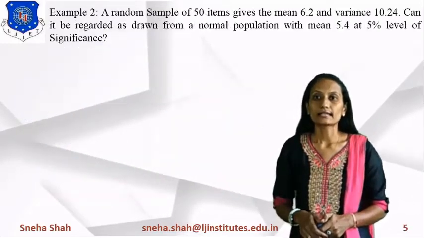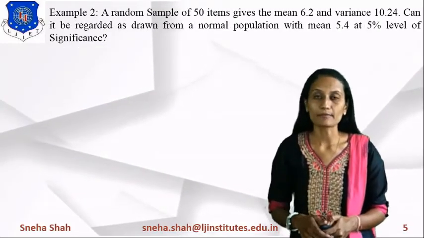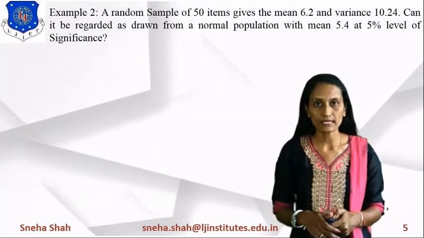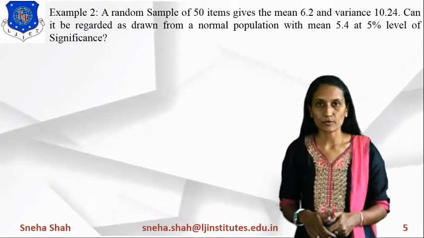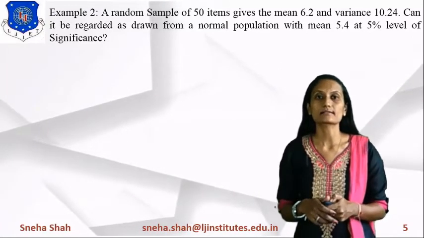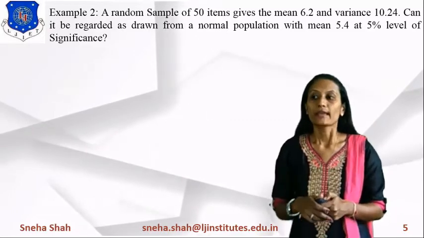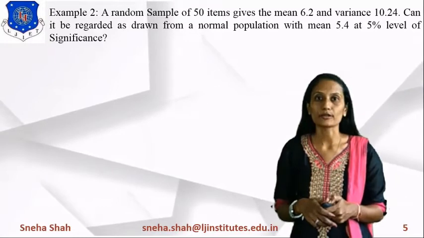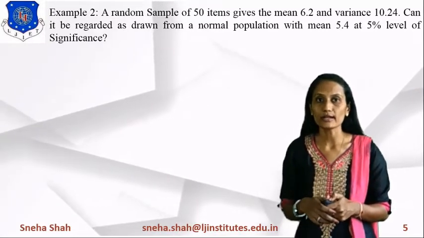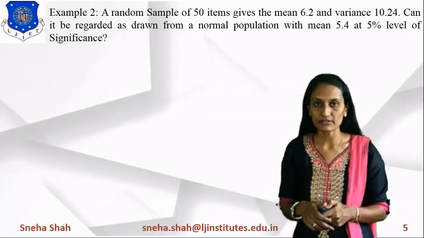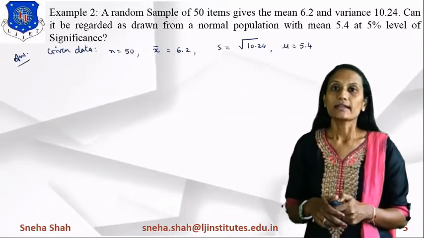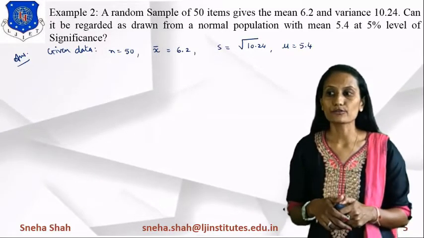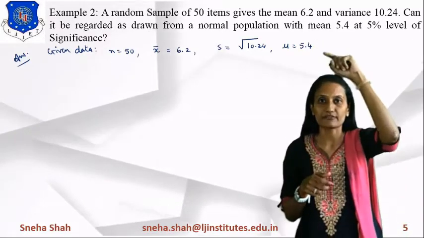Right. Now the next example: a random sample of 50 items gives the mean 6.2 and variance 10.24. Can it be regarded as drawn from a normal population with mean 5.4 at the 5% level of significance? In this, the data given is that the total number of samples is 50.